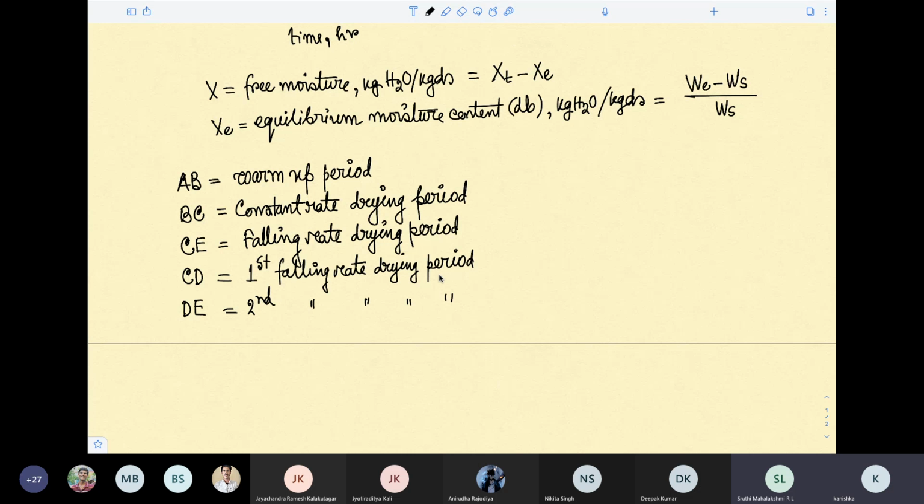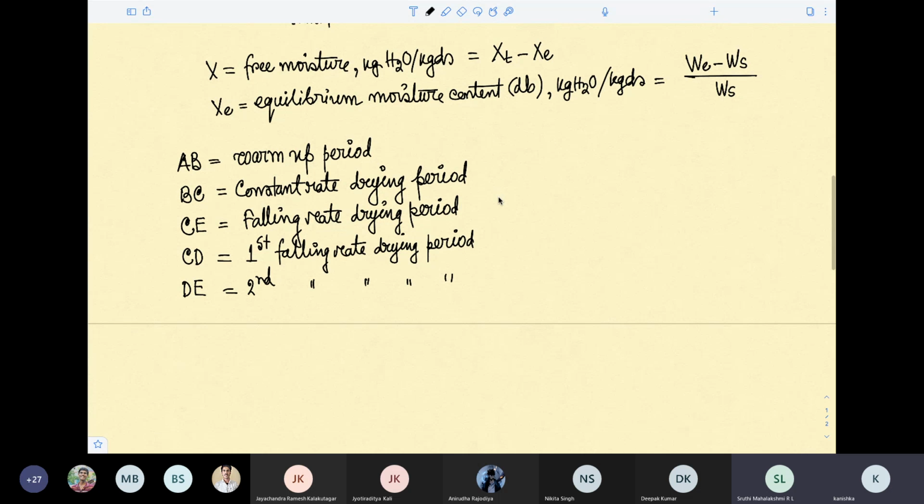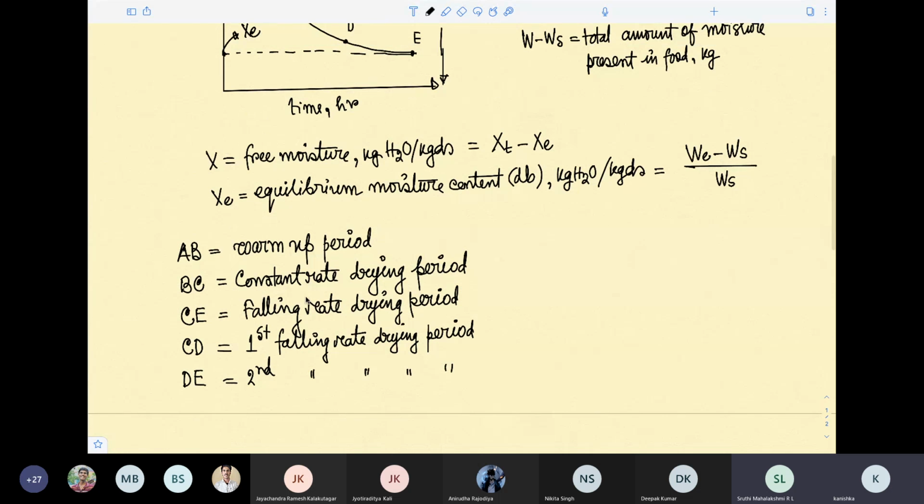Sorry for the interruption. Now I will come one by one. We are saying constant rate drying period and falling rate, and under falling rate it is the sum of CD and DE, the first falling rate and second falling rate. So here the rate comes into the picture. Why is it called constant rate? Why is it called falling rate?